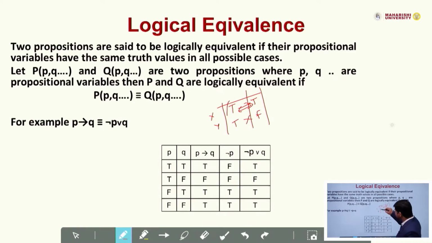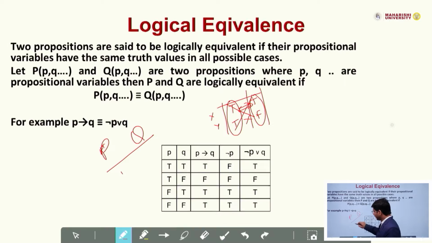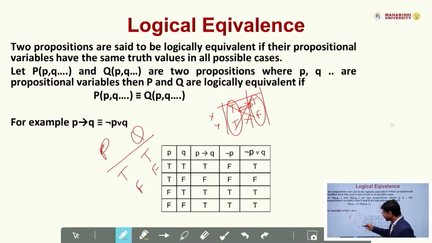If the result columns of both statements have the same values, then only the statements are said to be logically equivalent. For example, suppose one statement is P and another statement is Q. If this one is true and this one is also true, then these are logically equivalent. If it is false, then the other should be false, then only these are logically equivalent.